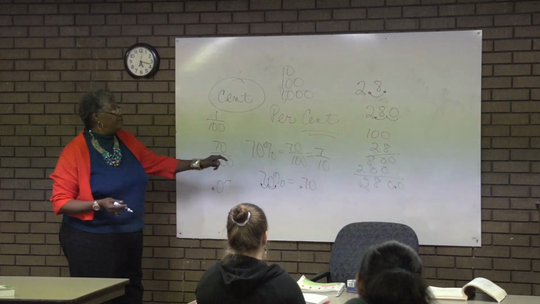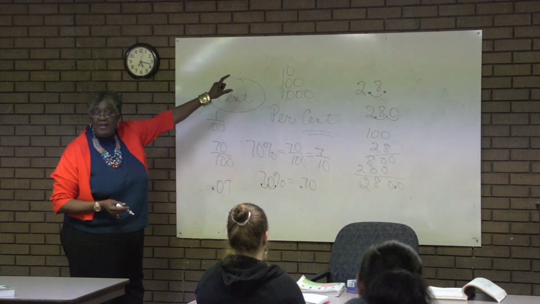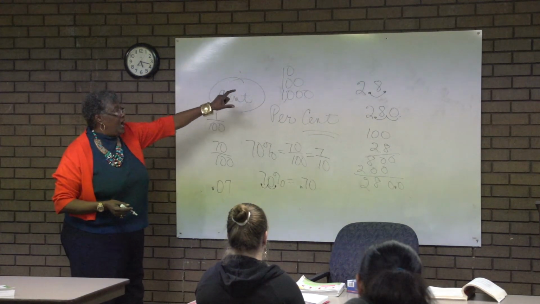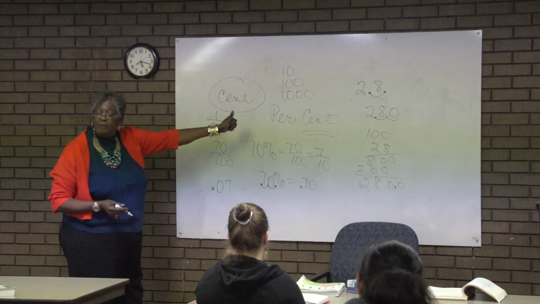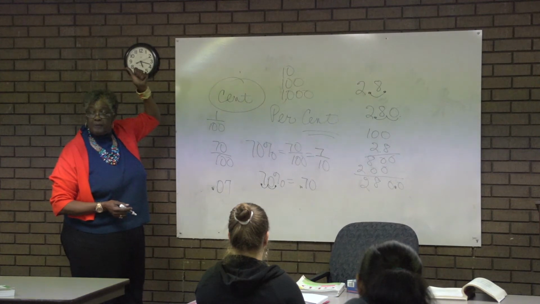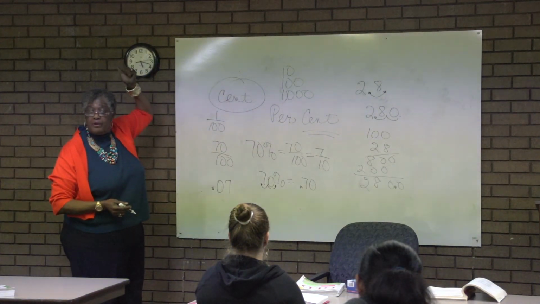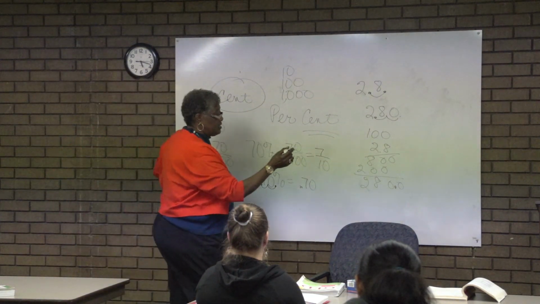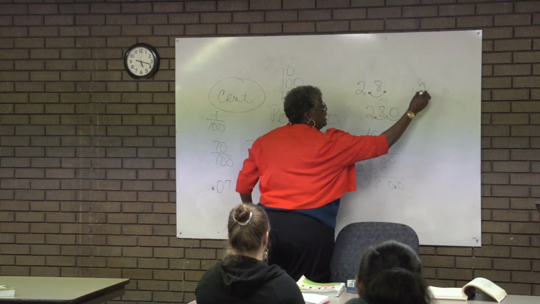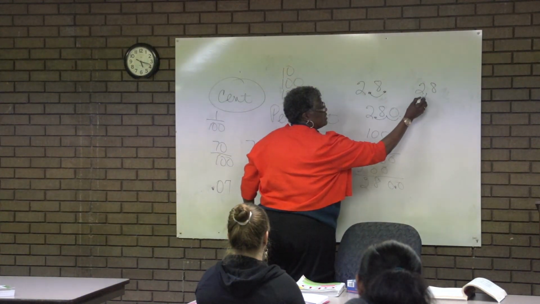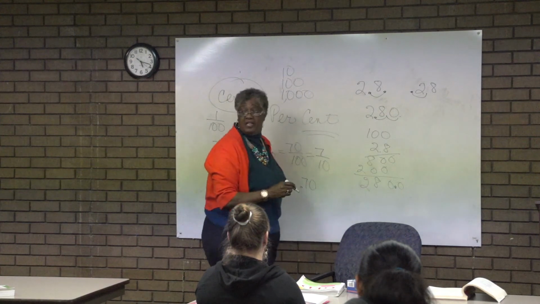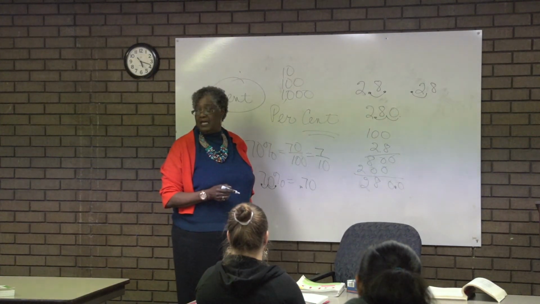By the same token, if I want to divide by those powers of 10, I move it the same number of times, but I move it to the left. Because numbers get smaller to the left. Because to the left, I'm changing $2.80 to 28 cents when I divide it by 10.